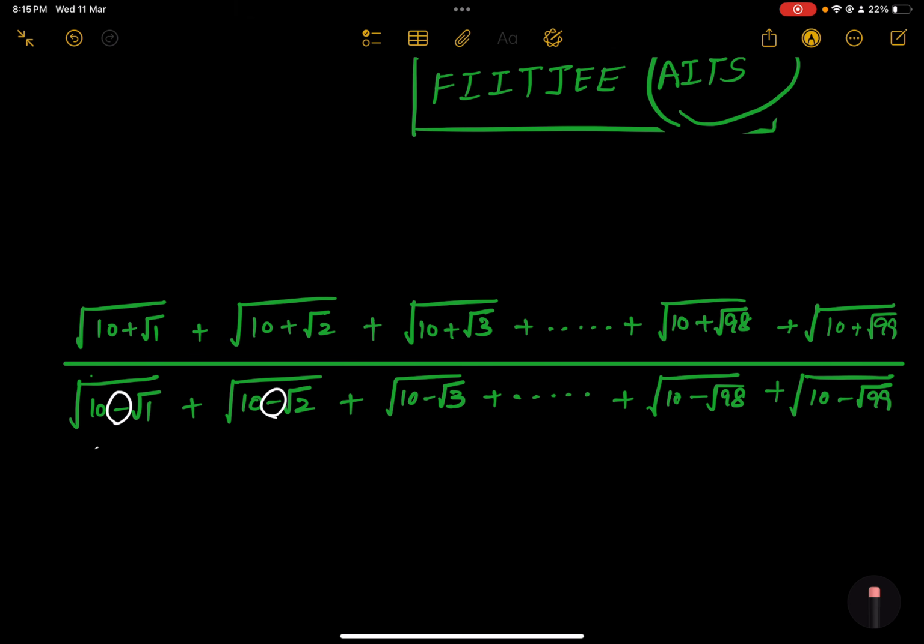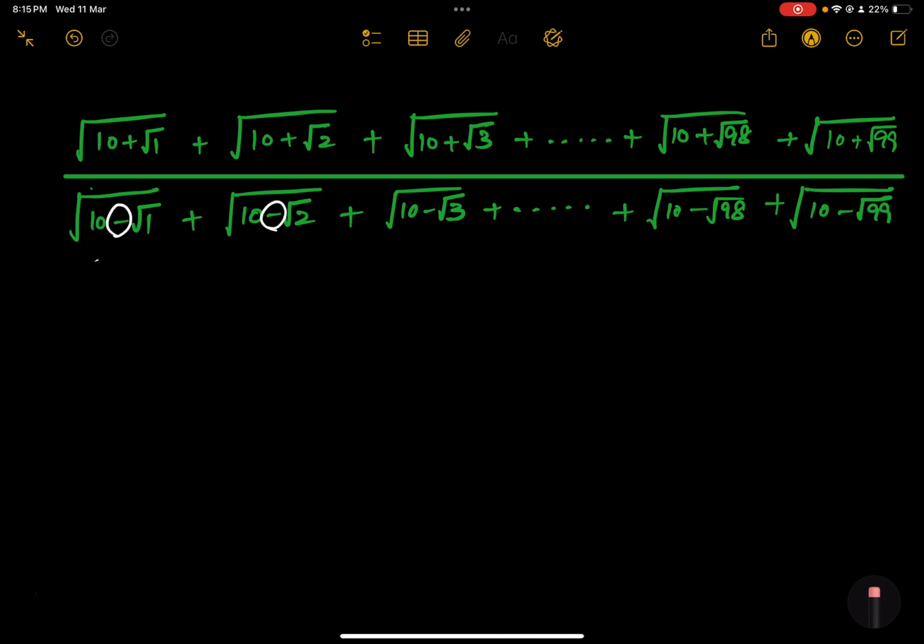Now, there are some questions that you should ask yourself at this point in time. Why does the summation end at square root of 99? Why did the examiner not ask you to calculate this particular summation till 50 or some other value?